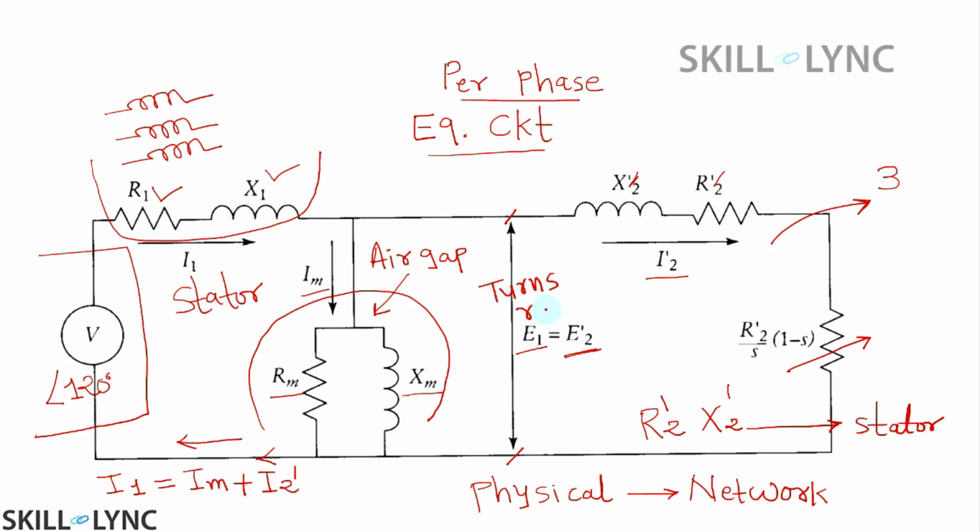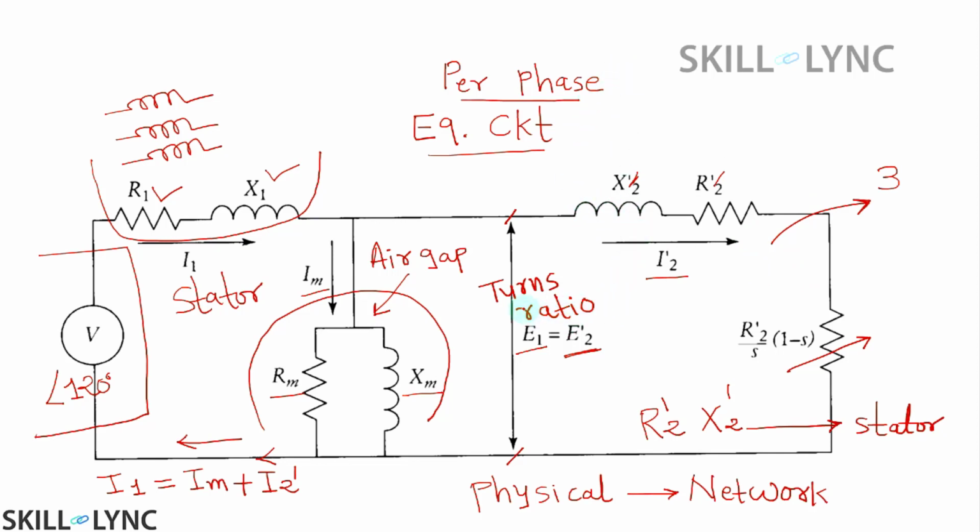Similar to mechanical engineering, if you transfer speed and torque from one end of a gearbox to another, you consider the gear teeth ratio. Similarly, in electrical engineering, you consider the turns ratio: the number of stator turns and the number of rotor turns per phase per pole.